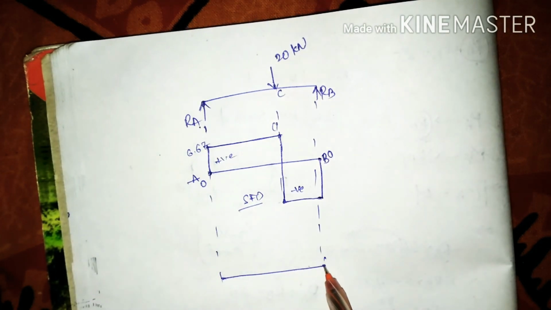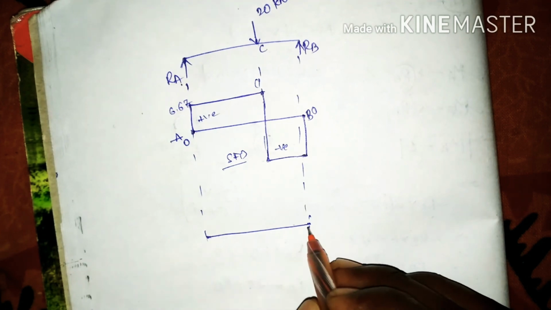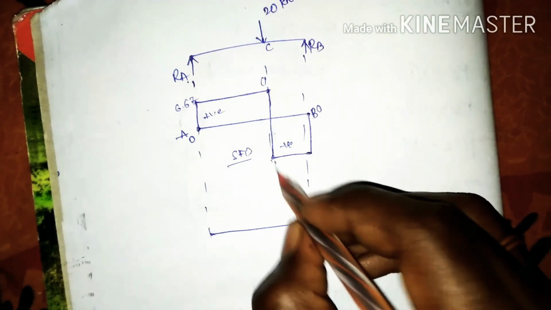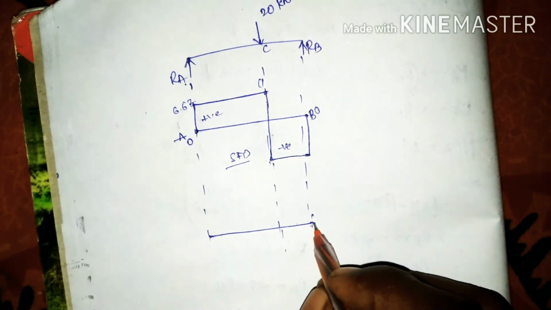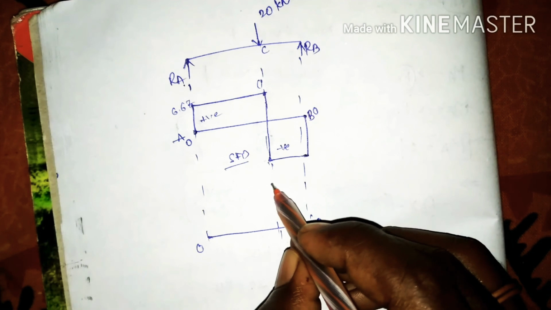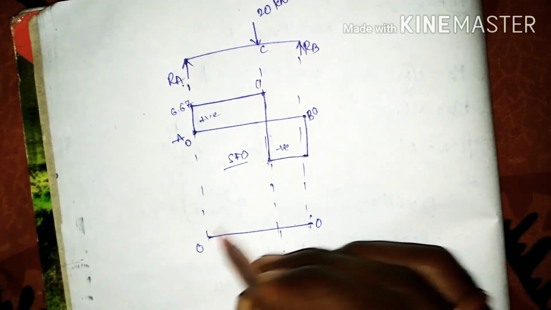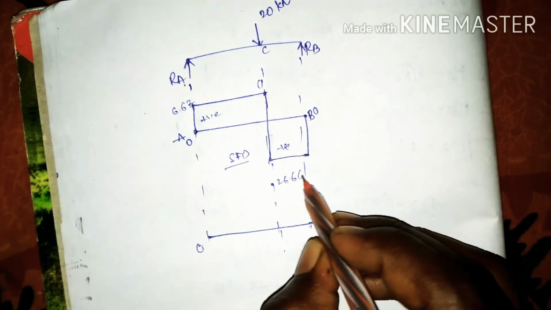Thereafter, for the bending moment diagram, moment about A and moment about B are equal to 0, so this is going to be on the reference line. For the moment about C we have 26.66.